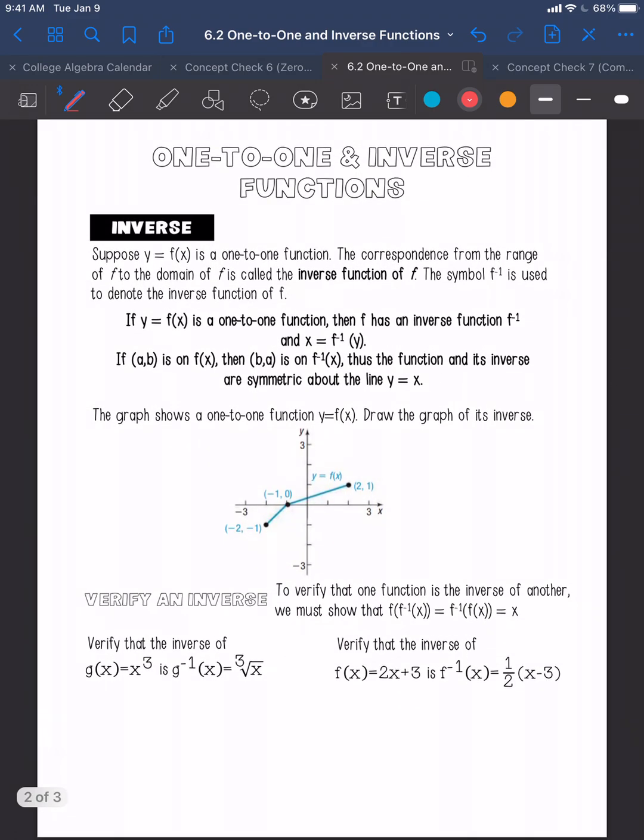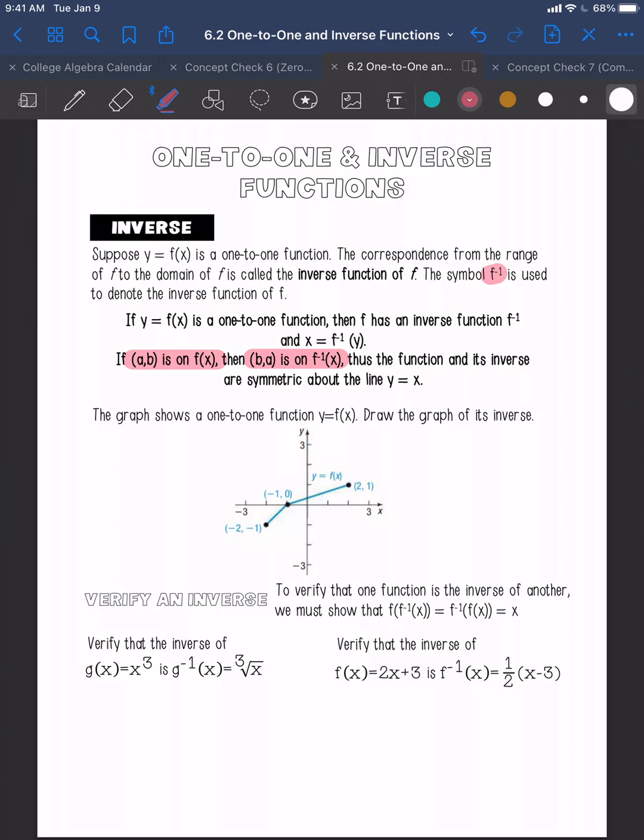All right, finding an inverse here. The notation that you're going to see used is the symbol f inverse. All right, so if the point (a, b) is on the original function, then the point (b, a) is on the graph of the inverse of that function.